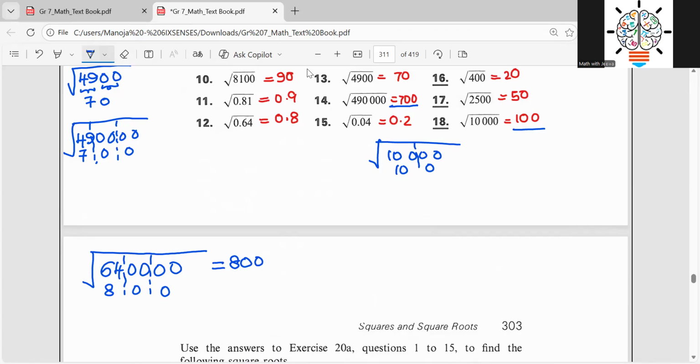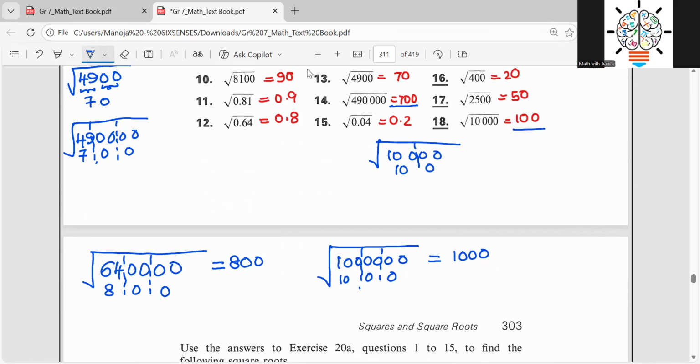This is how you want to get it. Let's say that you have something like this. Then you do it like this. This is 10, right? 0, 0. The answer is 1000, right? This is what you do when you have a whole number.